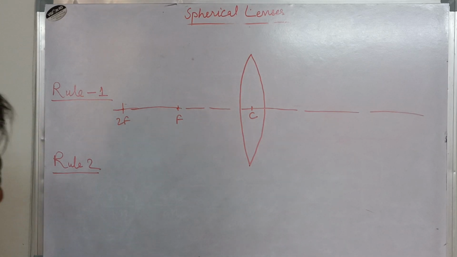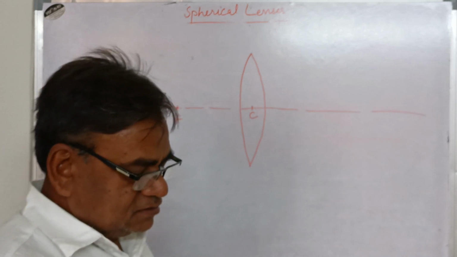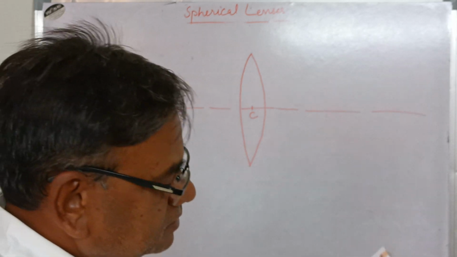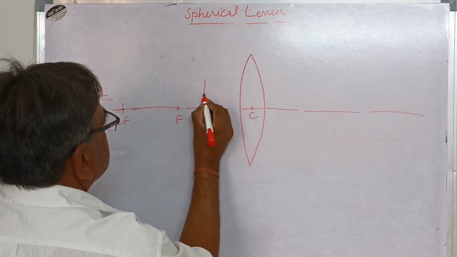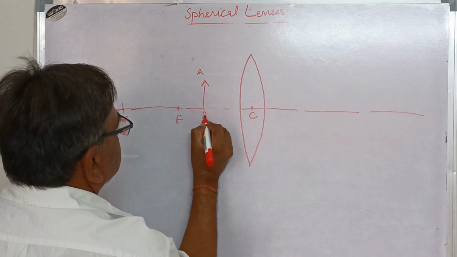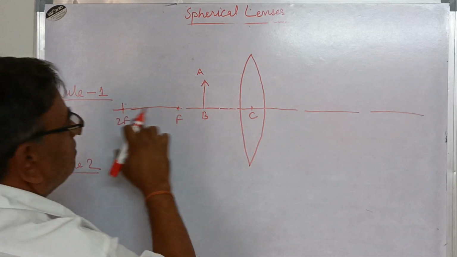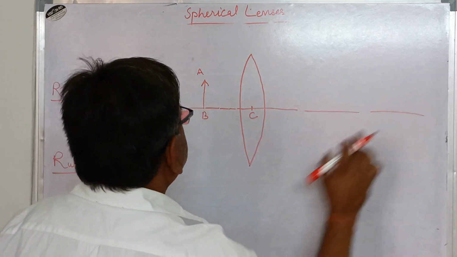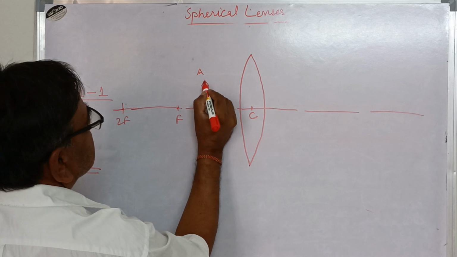So now let us take them one by one. When the object is between C and F, let this be object AB. This is your optical principal axis. Now take a ray parallel to the principal axis.